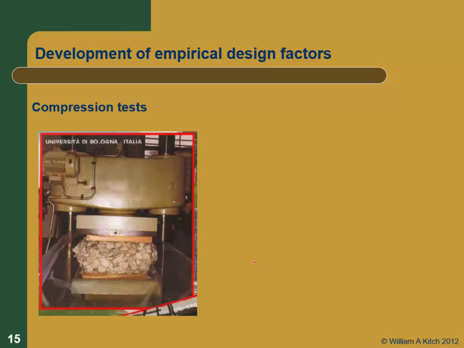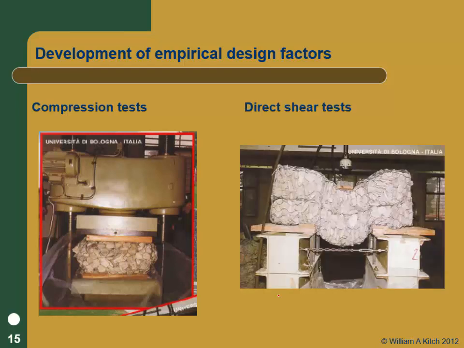Their design for the interface is all empirical, and it's based on pretty much full-scale testing. They actually built gabions, put them in a big compression machine, and tested them in compression to see what capacities they could hold.